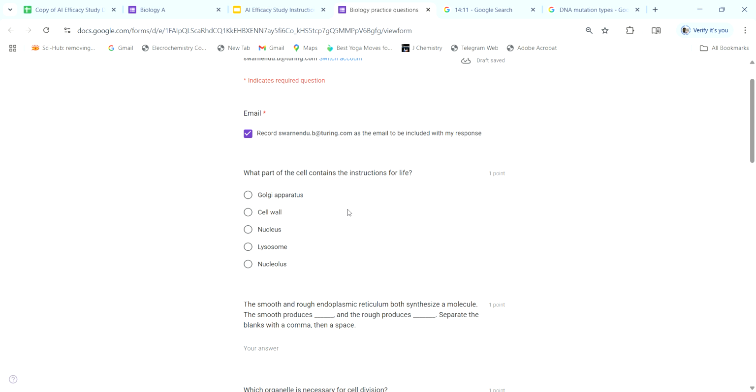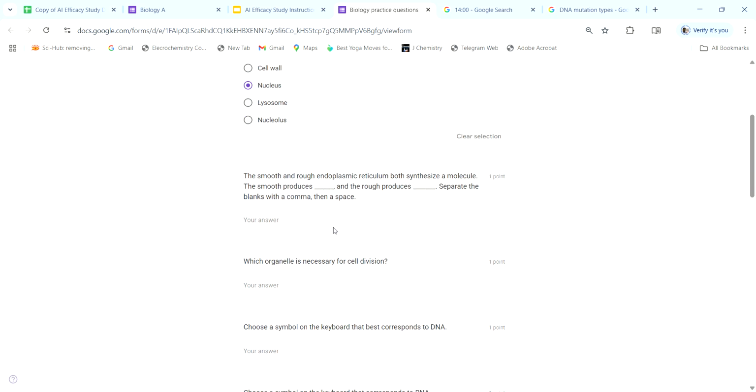Golgi apparatus, cell wall, nucleus, lysosome, nucleolus. This should be nucleus. The smooth and rough endoplasmic reticulum both synthesize a molecule. The smooth produces blank and the rough produces blank, separate the blanks with a comma then space. Smooth produces fat and rough endoplasmic reticulum produces protein.